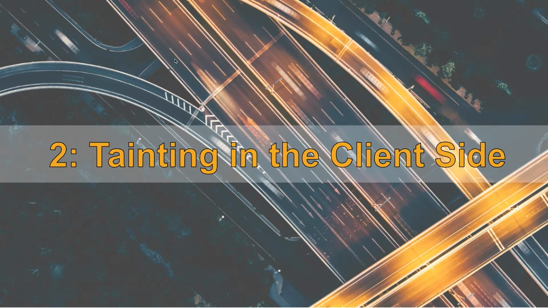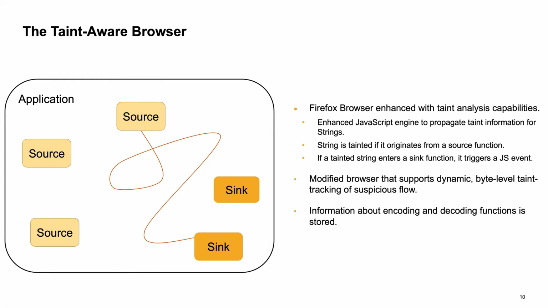Now, we move to the second section, which is tainting on the client side. Well, tainting is a well-known way to detect cross-site scripting, and here I will talk about it and how we use it. Basically, you need three things to apply tainting to an application.